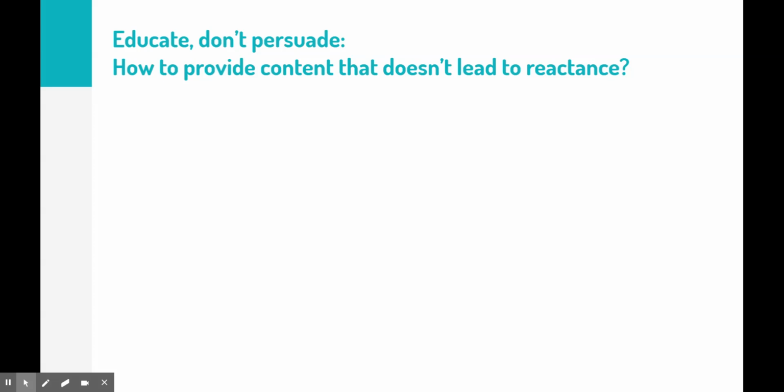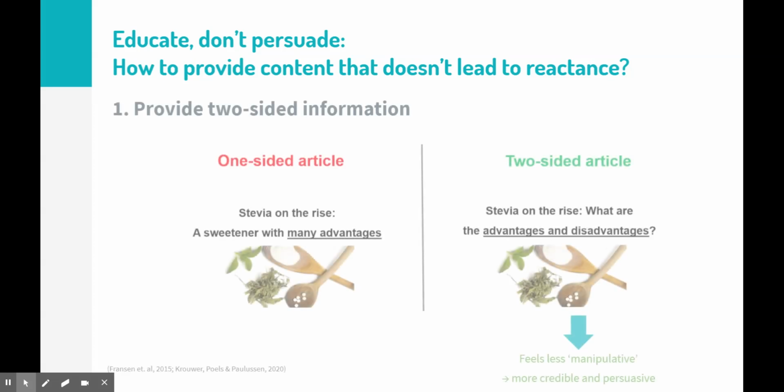There are different studies that have studied how to do that, and they have found quite some interesting ways to design your content in such a way that people will not feel this reactance. So one way to create content that doesn't make people feel pushed is to try to provide more two-sided information.